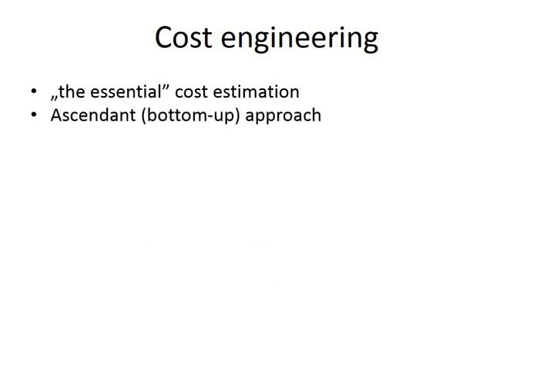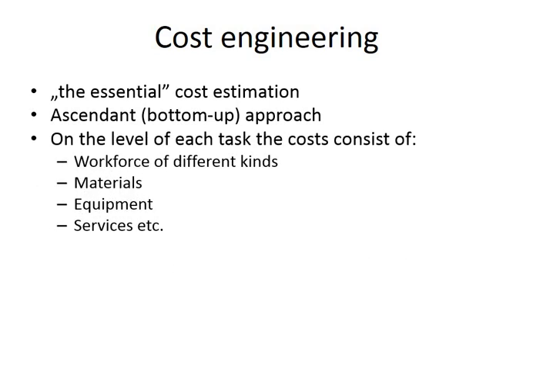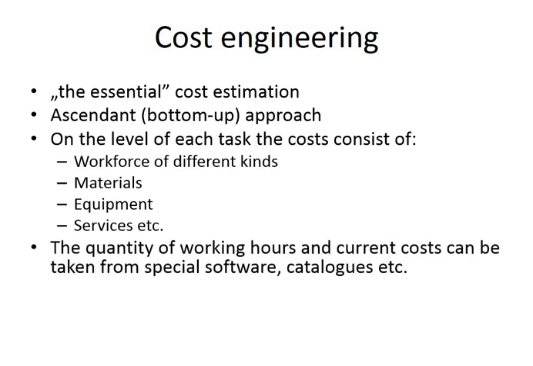It is actually the basic ascendant, so bottom-up approach, and you start with each task, and on the level of the task, divide your cost into workforce, materials, equipment, everything that is necessary, and you sum up everything.